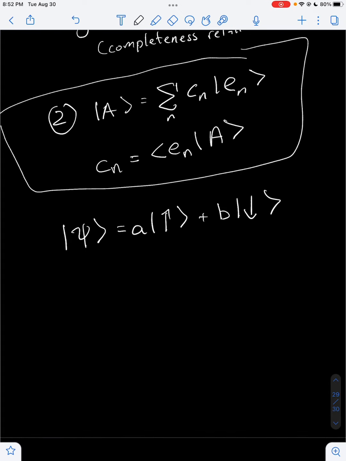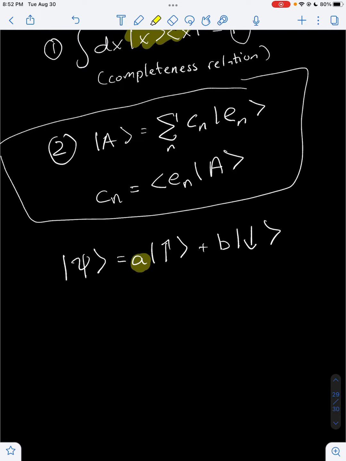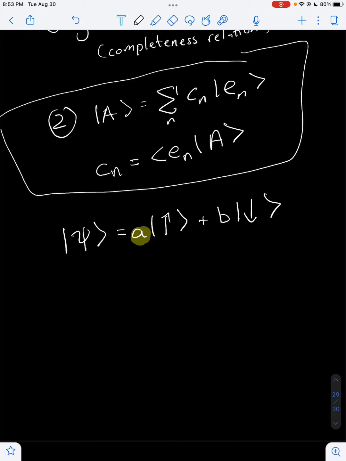So say we want to isolate A. We want to solve for A in terms of our spin states. All we have to do is multiply both sides by the spin up state, but the complex conjugate of the spin up state. So let's multiply both sides by the dual spin up state, basically.